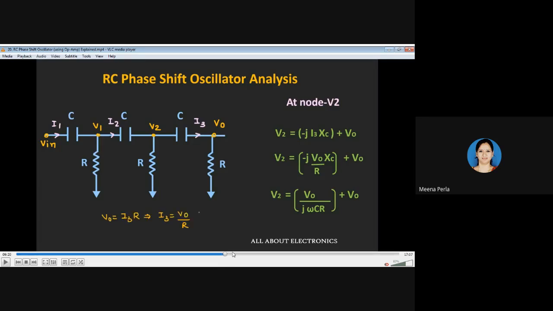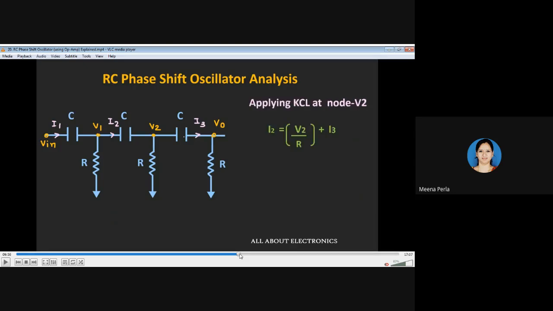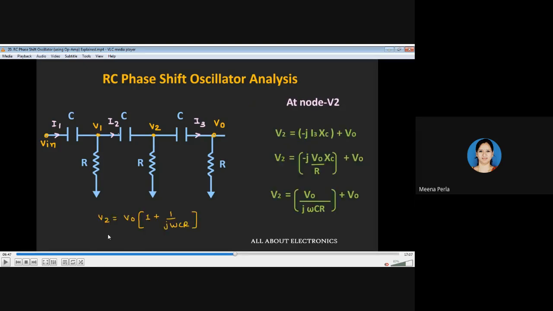So you can write V0 is equal to I3 into R. So we are going to substitute I3 in terms of V0 by R. And then this is the final equation of V2 in terms of V0, that is V2 is equal to V0 into 1 plus 1 by j omega CR. This is an important derivation here, so please note it down.